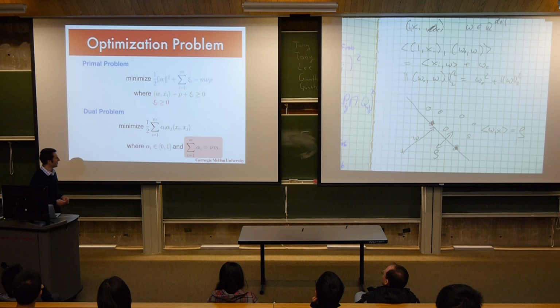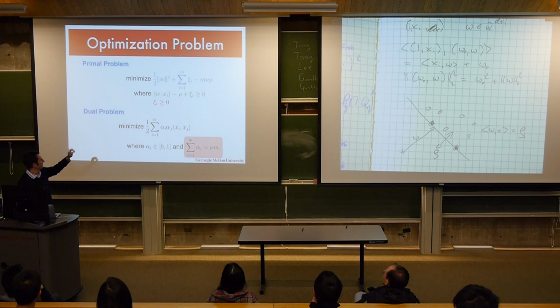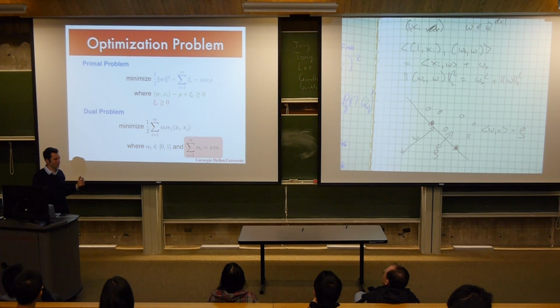So this is the same optimization problem as what we had before: w.x plus psi_i greater or equal than rho. Where we had a 1 before, now we have a rho. So this is the green line. The psi_i's have to be greater or equal than 0, just as we had before as well. Now the objective function is the same throughout with one exception.